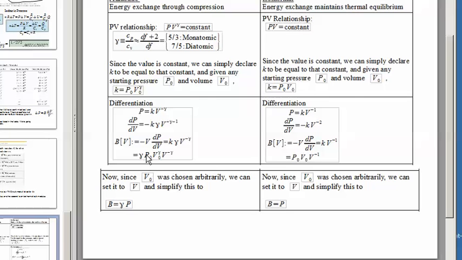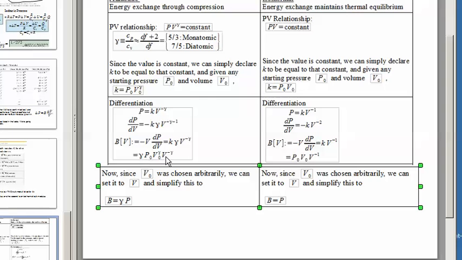And then when I do the differentiation, the negative gamma pops out, and then you subtract 1 from the exponent, and then when you come down here, it's K gamma V to the negative gamma, because we multiplied by V, so that minus 1 goes to 0.